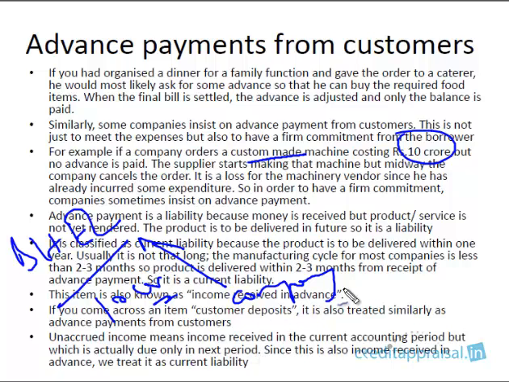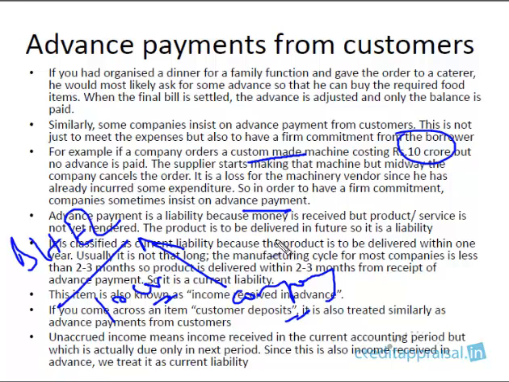Now if the supplier starts making the machine, but midway the company cancels the order, it is a loss to the vendor, because this is exclusive for this company and there will be no other buyer. To avoid those sorts of problems and to have a firm commitment from the company, companies insist on advance payment.